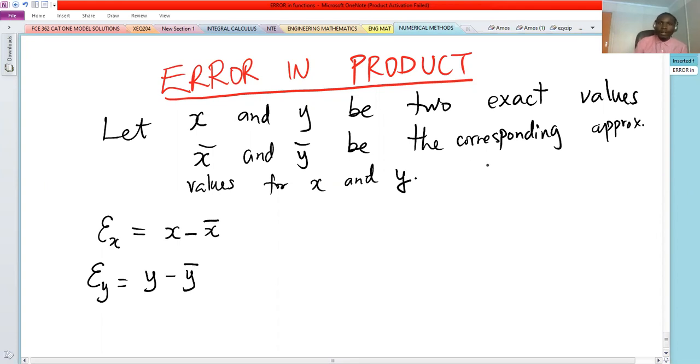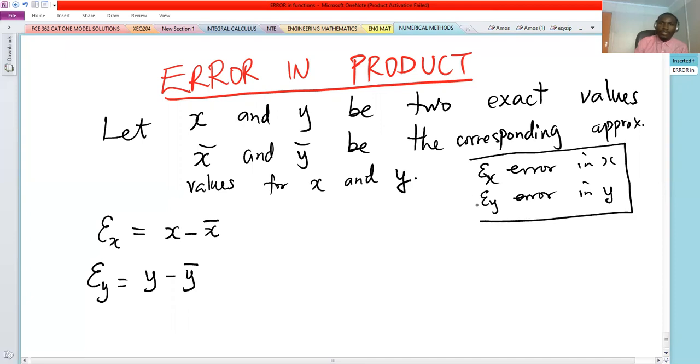So here, this means error in x, and this means error in y. This is just notation for errors. Let me call this equation 1, and this equation 2.